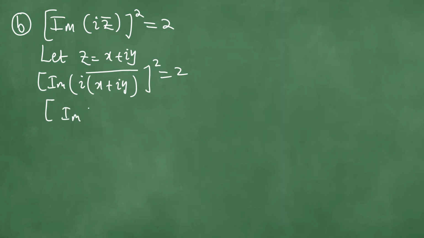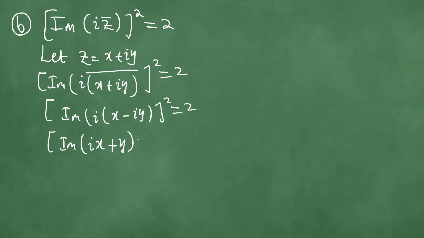This is the imaginary part of i(x − iy), squared, equals 2. The complex conjugate changes the sign of the imaginary part of the complex number. If you distribute, here it is actually ix + y.